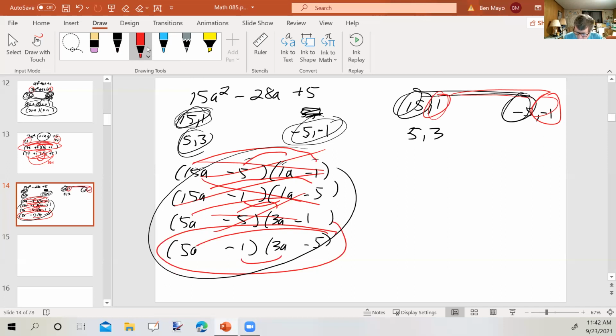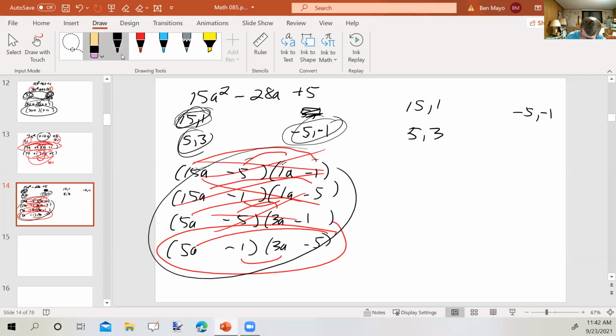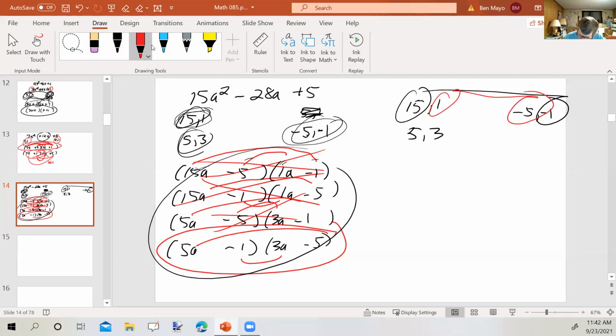Okay, that didn't work. Now we're going to switch them. 15, oops, I didn't switch it. 15 times negative 1 and 1 times negative 5. Okay. What does that give us?